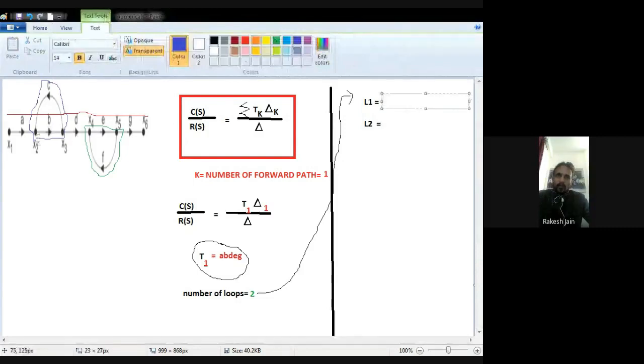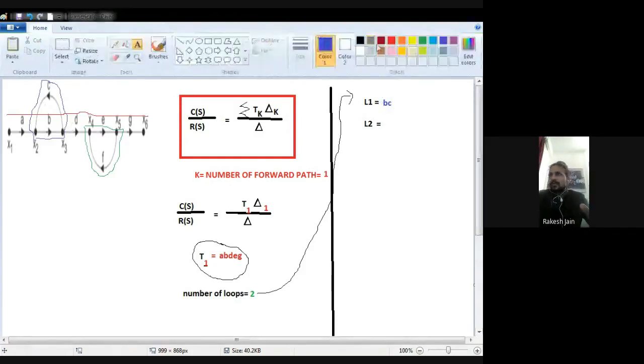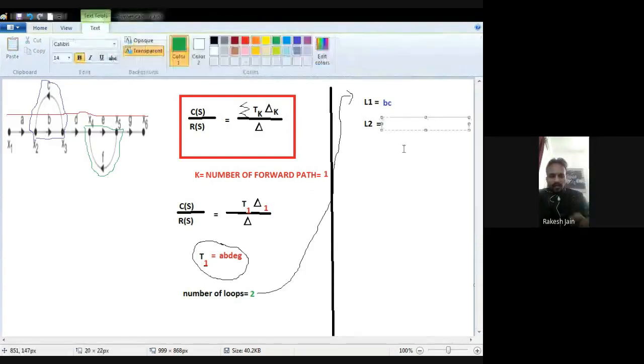BC. In that loop there are two branches, and for the branch gain, just multiply their gains B and C. So BC is my first loop gain. And what is my second loop gain? Because I encircled the second loop with green color, I write it with green color. EF is my second loop gain. So I found the L1 and L2 loop gain values.